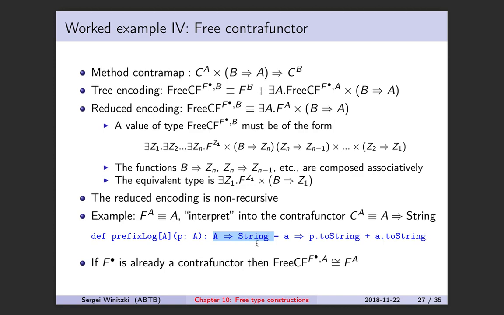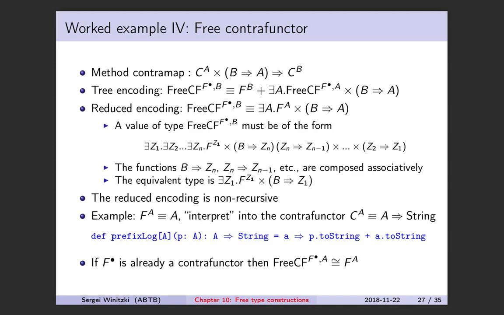And this function example would be something like this, where we take a value and return a contrafunctor. And contrafunctors are usually consumers of values. So imagine you're logging something, so a logger is a typical consumer of values. I'm just going to simplify this very much and consider this function as a contrafunctor.